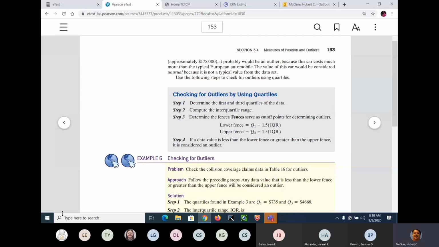The upper limit is equal to Q3, the 3rd quartile, plus 1.5 interquartile range. Now, those are the 3. That's what you're supposed to use if you don't use the empirical rule.